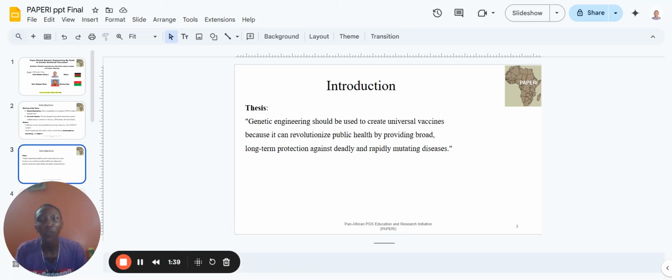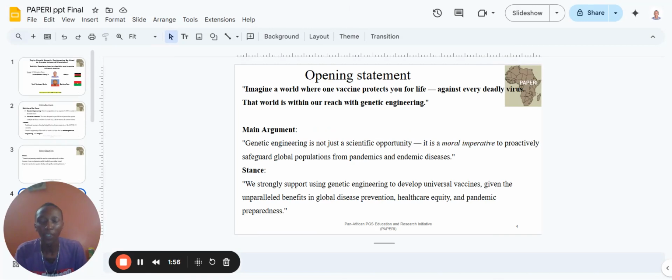Genetic engineering should be used to create universal vaccines because it can revolutionize public health by providing broad, long term protection against deadly and rapidly mutating diseases. Imagine a world where one vaccine protects you for life against every deadly virus. Well, that world is well within our reach with genetic engineering. Genetic engineering is not just a scientific opportunity.